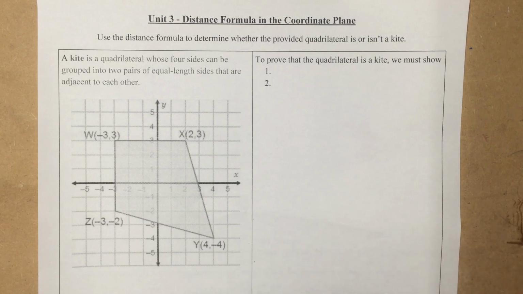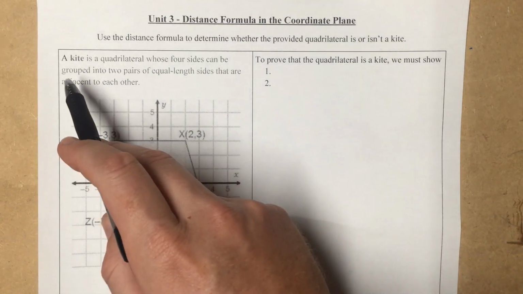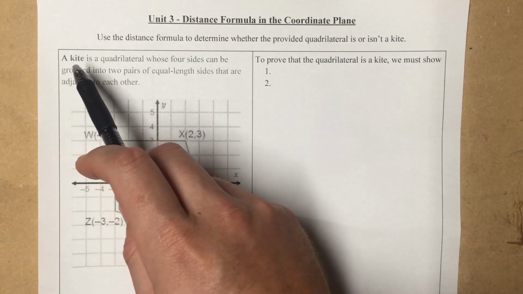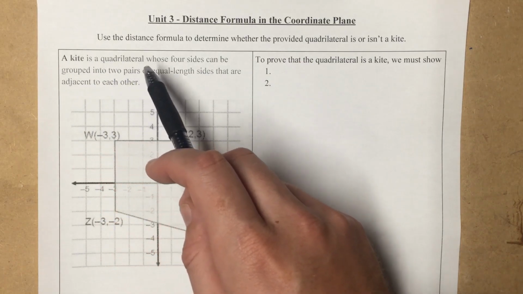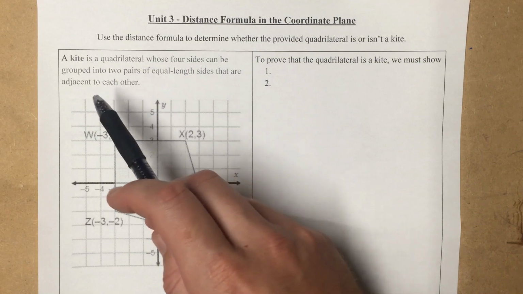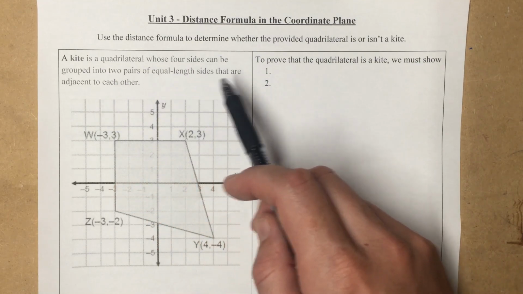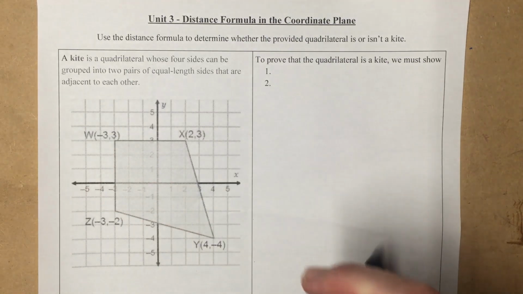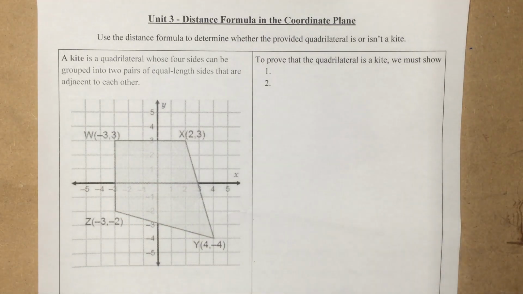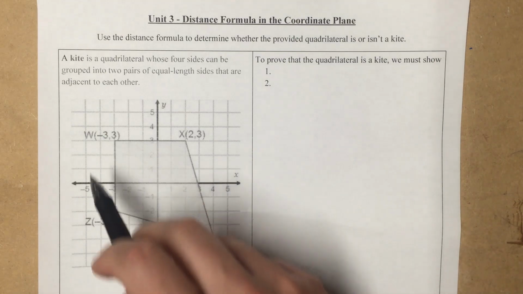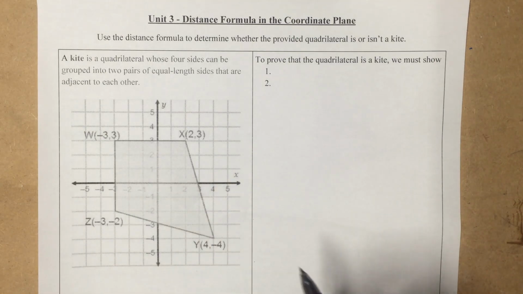If you're wondering what a kite is in terms of geometry, we have a definition here. A kite is a quadrilateral whose four sides can be grouped into two pairs of equal length sides that are adjacent to each other. That definition is a little bit wordy, so it's maybe better to just look at the quadrilateral and see what it's talking about.